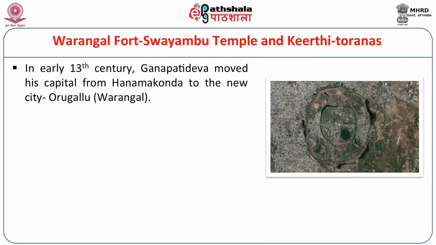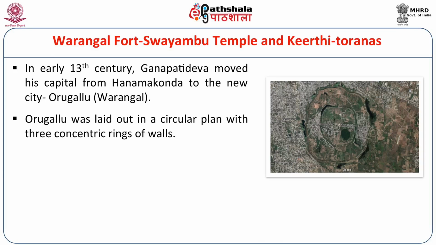The first thing he did was move his capital from Hanamkonda to a new city, Warangal, which was then known as Orugallu. Orugallu means one stone. Oru, one; gallu, stone. Orugallu, the capital city, was laid out in a circular plan with three concentric rings of walls.